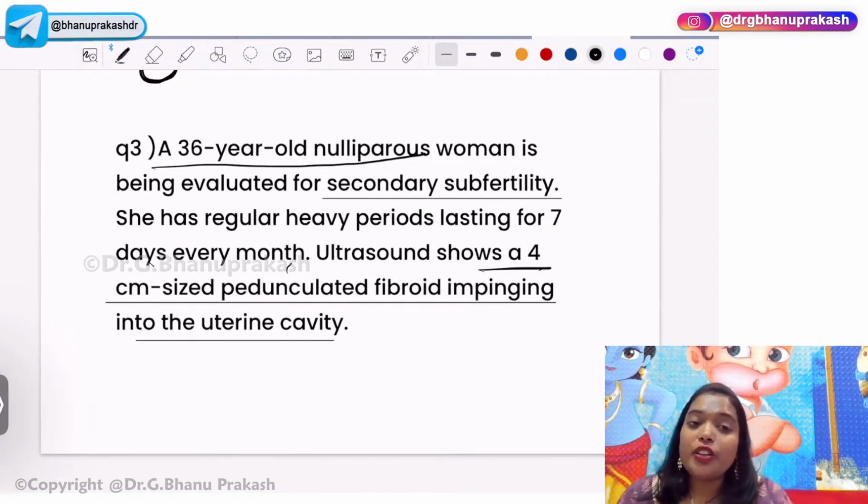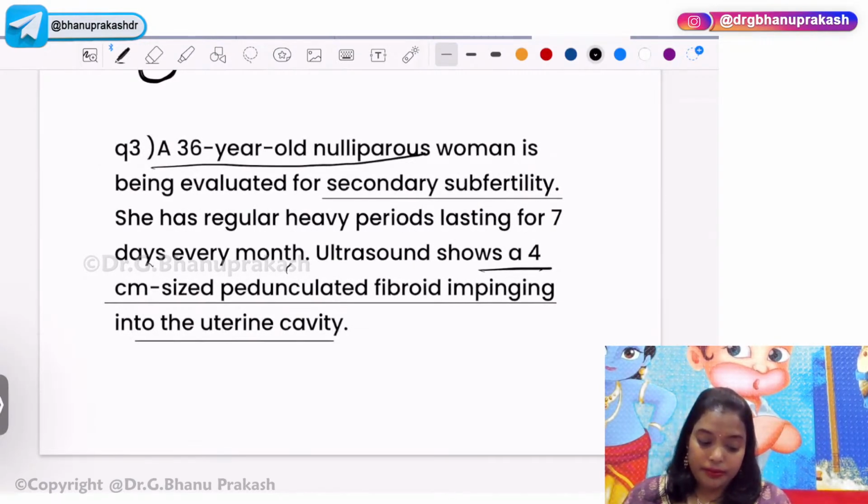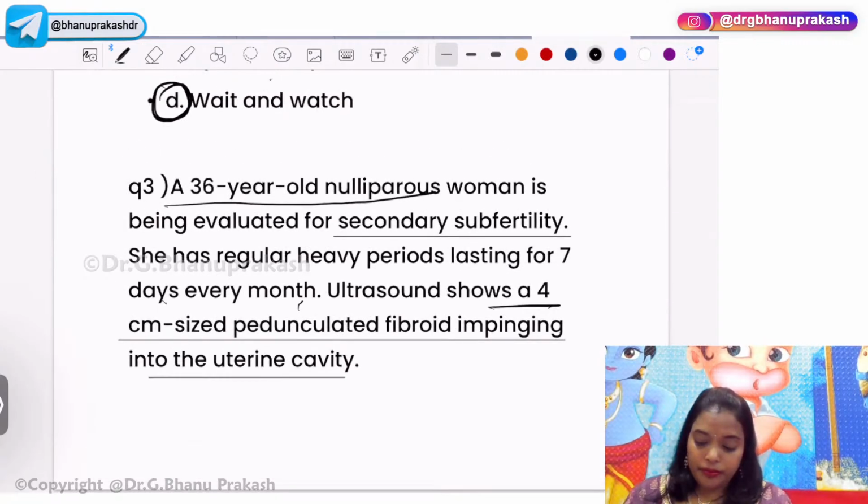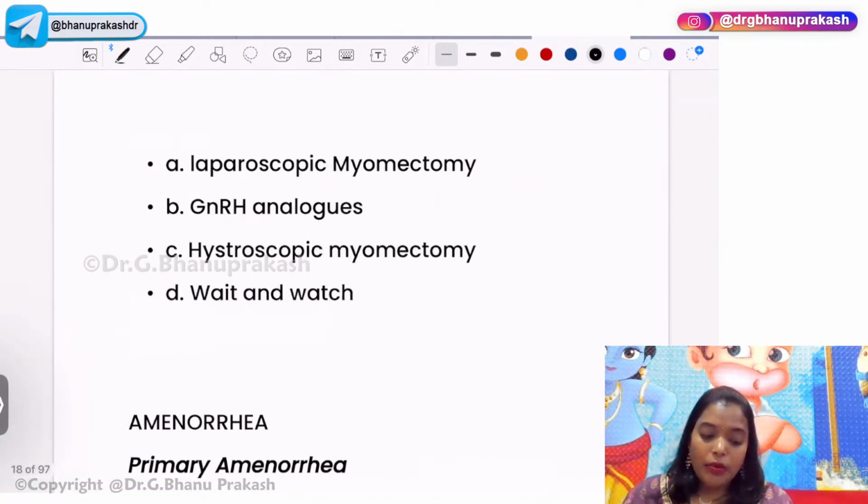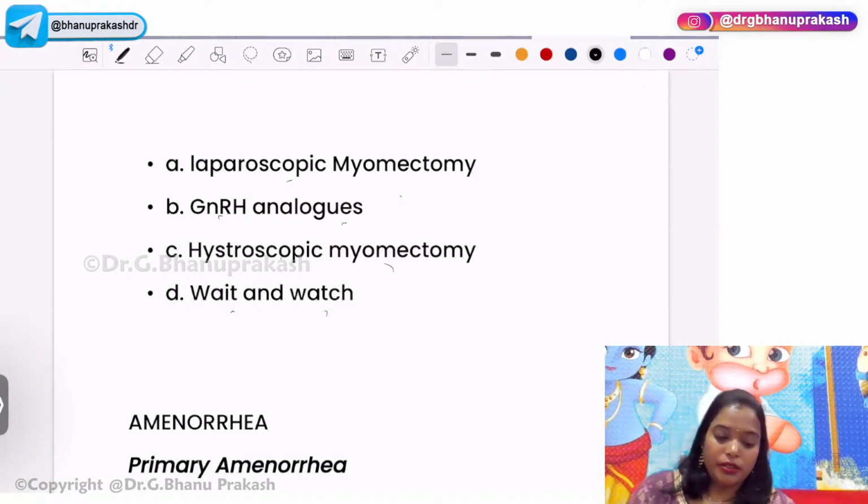If it is impinging into the uterine cavity, it means where is the fibroid? And what is the treatment for it? Laparoscopic myomectomy, GnRH analogs, hysteroscopic myomectomy, wait and watch.